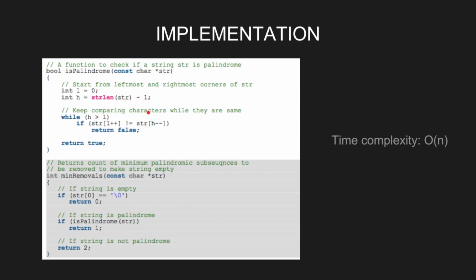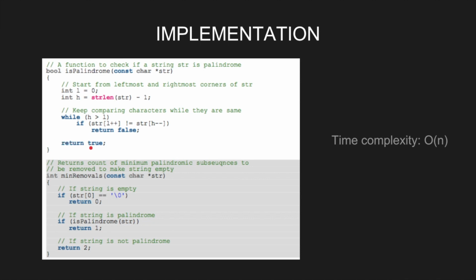Then keep comparing characters while they are the same. That is, while h is greater than l, check if str[l] is the same as str[h]. If not, return false. If same, increment the value of l and decrement the value of h. Finally, if you exit from the loop, return true.